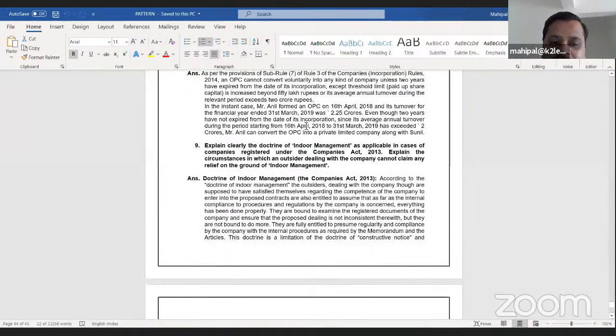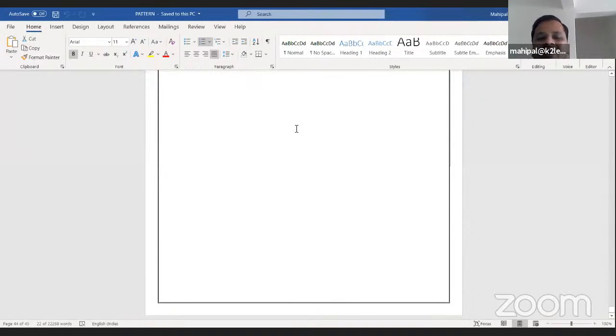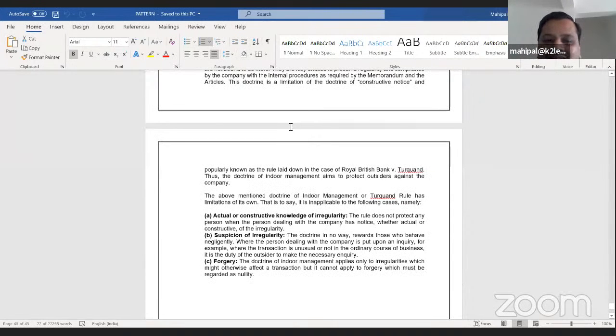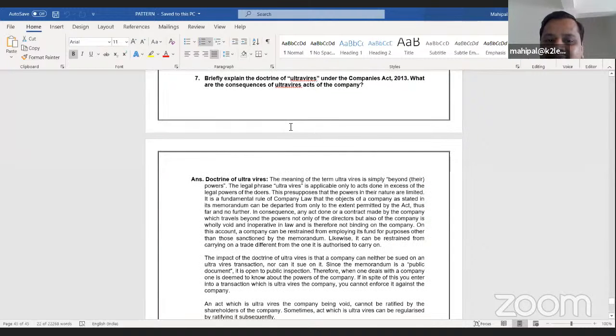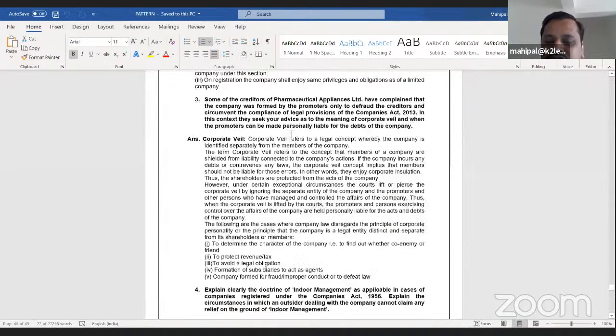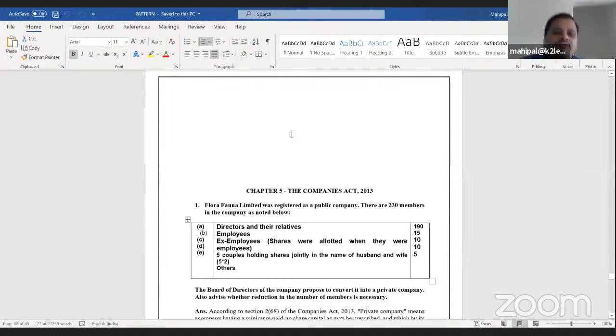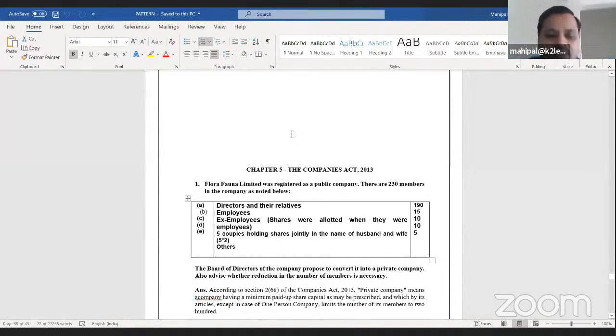Again, the doctrine of indoor management, they have asked. So these are the various questions which have been frequently asked under the Companies Act. Other than these questions, please try to understand what other questions can come. Number one, difference between limited liability by shares and by guarantee.